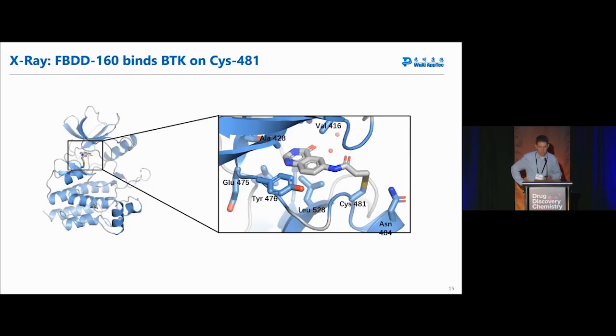And we were very happy that we were able to solve structures with a resolution of 2.6 Angstrom, where we see again very nicely the covalent modification of cysteine 481.